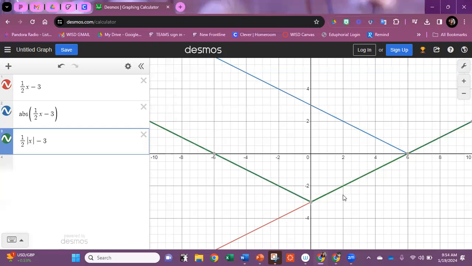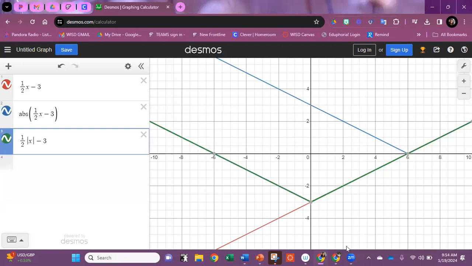Does that make sense? If I'm taking the absolute value of just the x's, it's going to create a reflection of the positive x values over the y-axis, okay? That's the conclusion that we should be able to make here. And then we're going to prove that conclusion by doing the next example, okay?